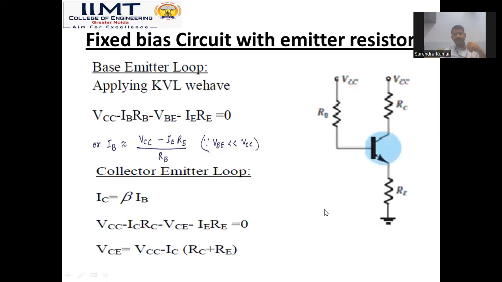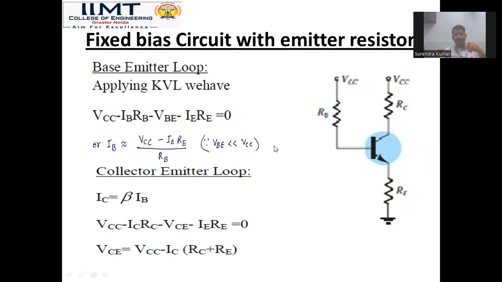Next, the third circuit is the fixed bias circuit with emitter resistor. We have made some modification in the previous, first circuit, which is a fixed bias circuit. You can see the above side, RC and RB are the same as in the fixed bias circuit. Here the new resistor, RE, is connected in the emitter.